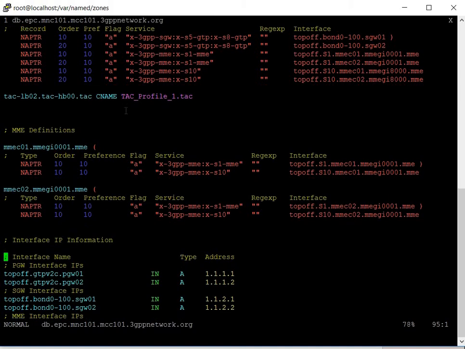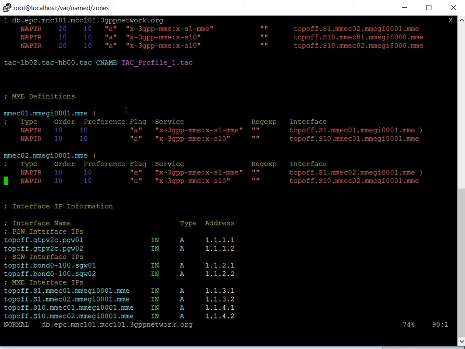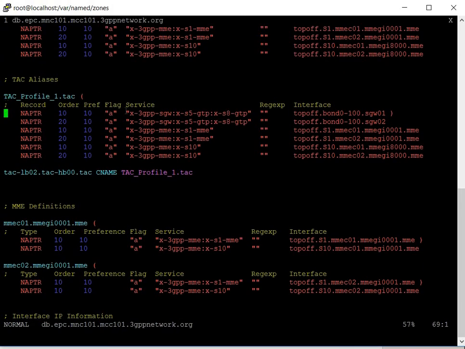And down at the bottom here, I'm answering the questions that were being begged above. So it's all well and good that I'm saying if I want to reach an S gateway that can serve S5, that I can reach S gateway 1 through its bond 0100 interface, but what's the IP address of that interface? Ultimately, I want to send that GTP message in an IP packet towards that S gateway.